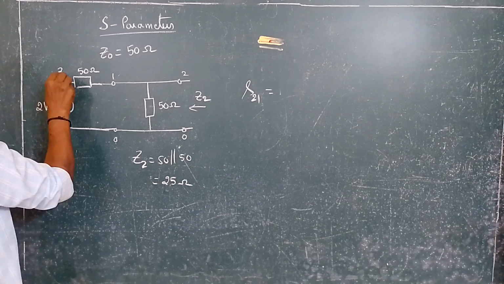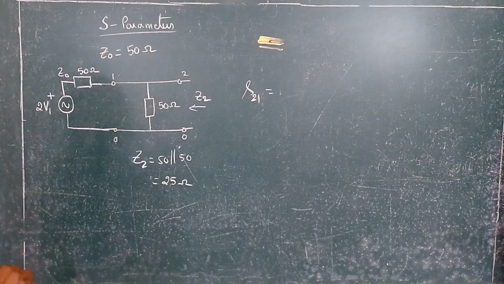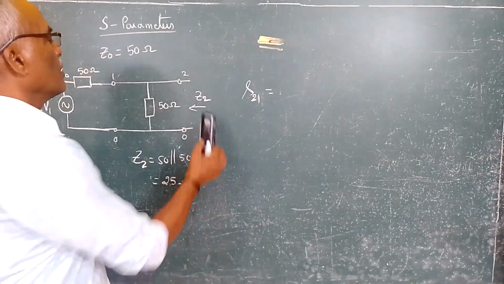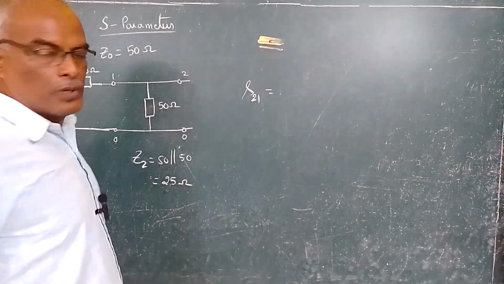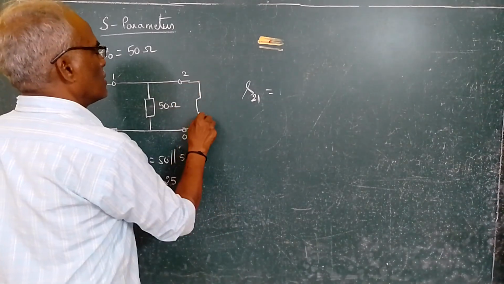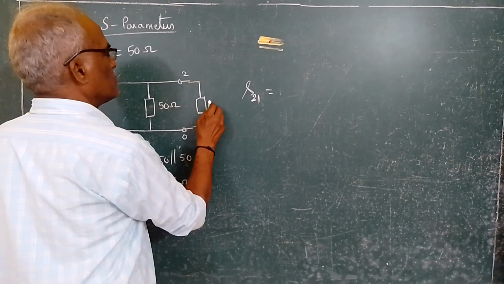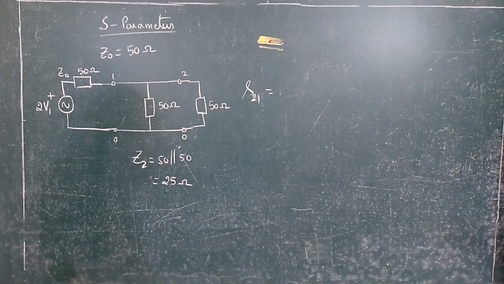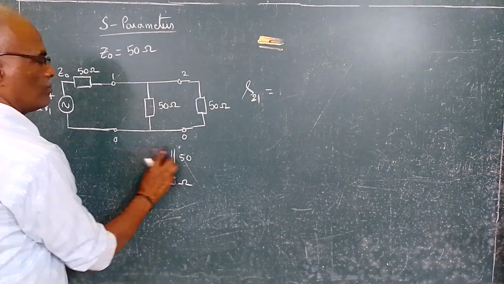This is Z0. At the same time, the output port 2 is terminated with the characteristic impedance 50 ohms. So this is the circuit you have to draw.